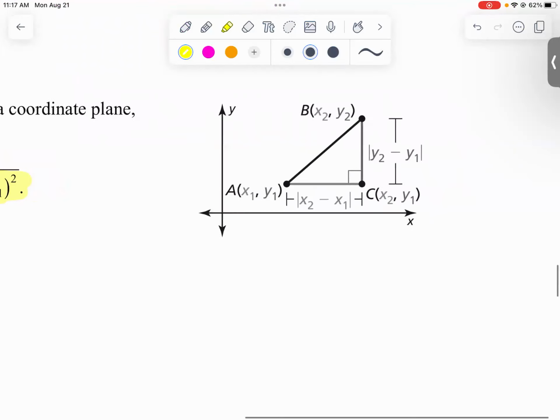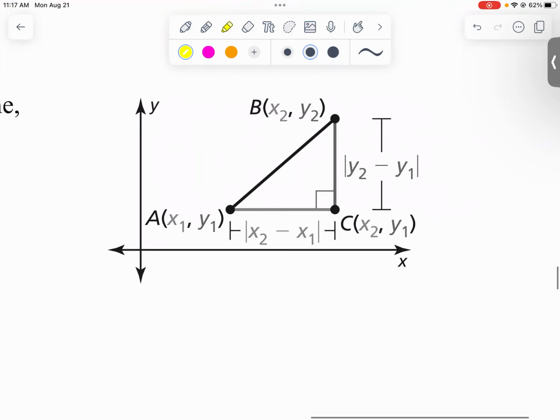Okay. So our goal is to find the length of this segment right here. Like in the homework over the weekend, you had to find the length of segments that were either horizontal or vertical. This segment is at an angle. So we can't just count the tick marks. But if we draw a right triangle, we can use what's called the Pythagorean theorem.